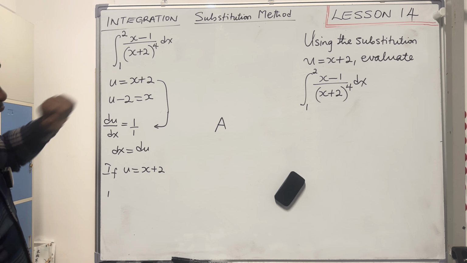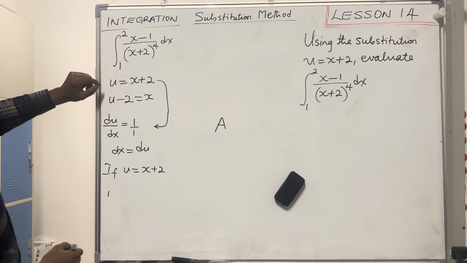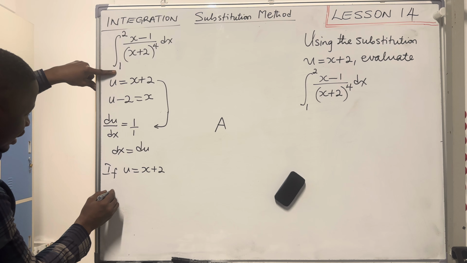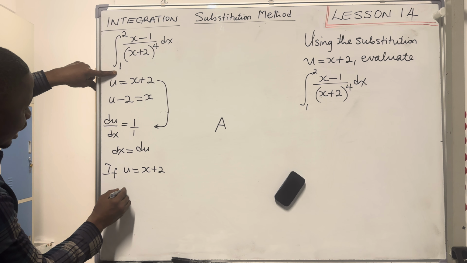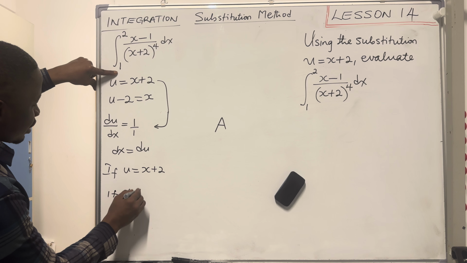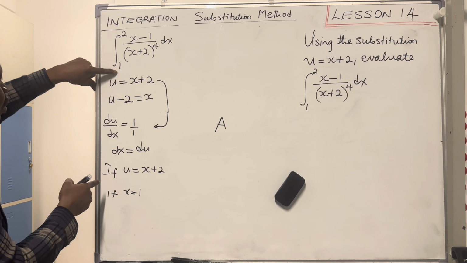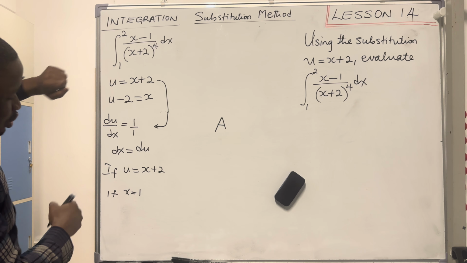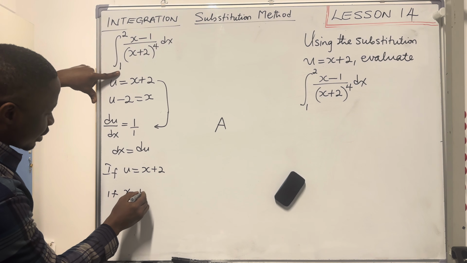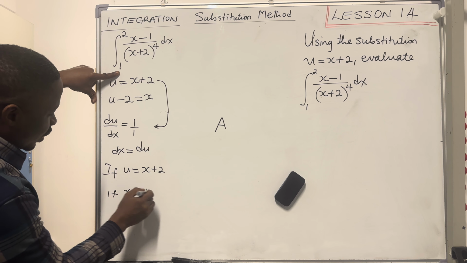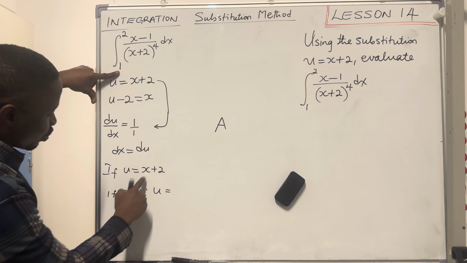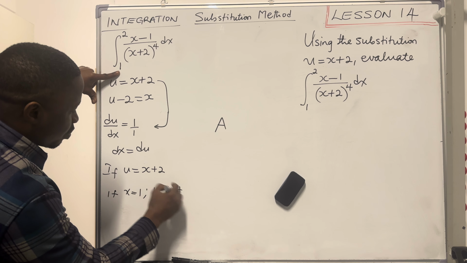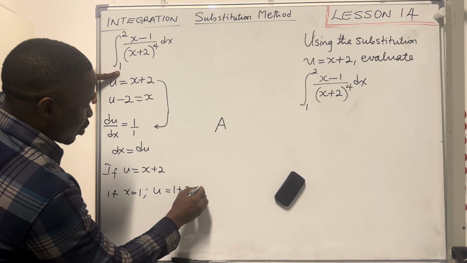If u equals x plus 2, now we have 1, we have 2. If x is 1, why would we say u? Because this one is not for you, it is for x. 2 is not for you, it is for x. So if x is 1, we have u equal to x, which is now 1 plus 2. 1 plus 2 is 3.